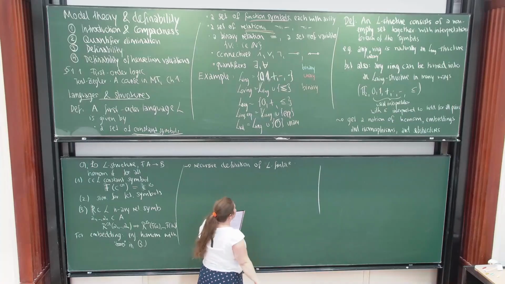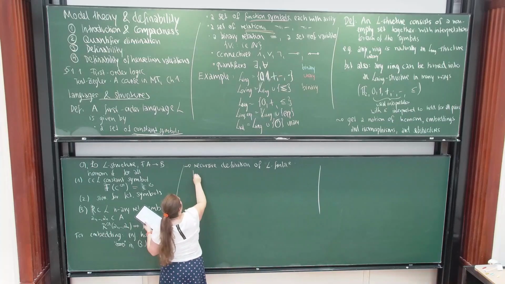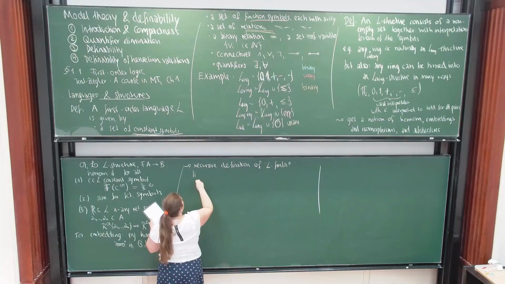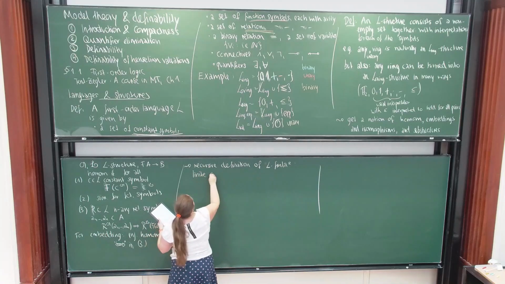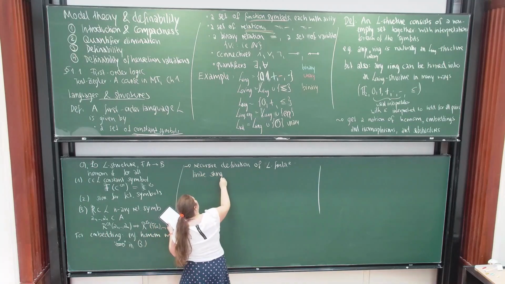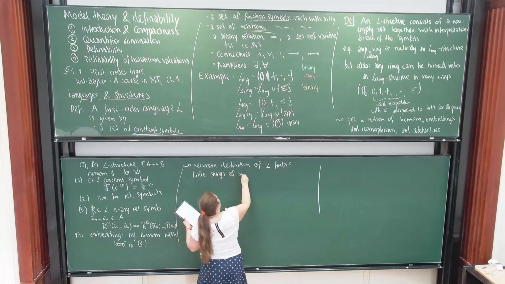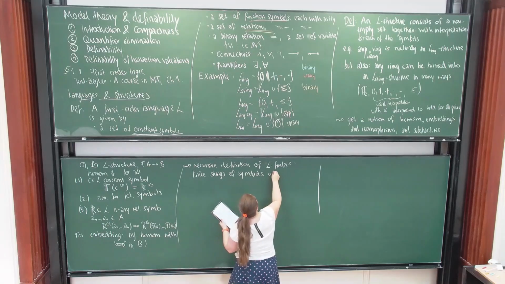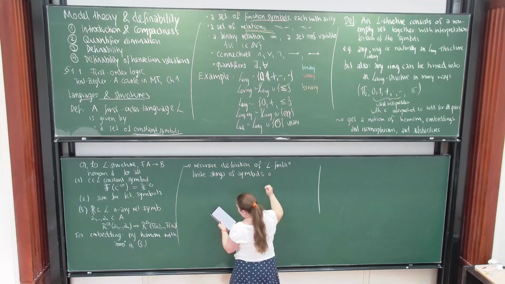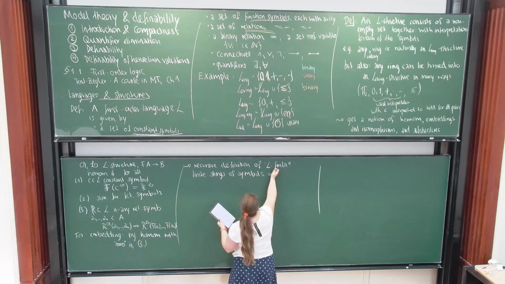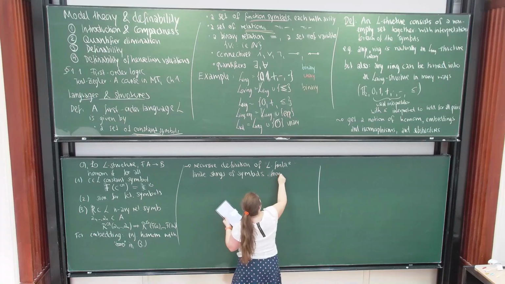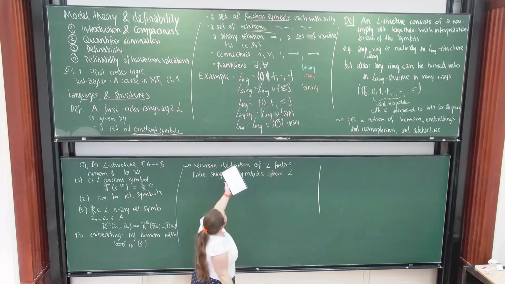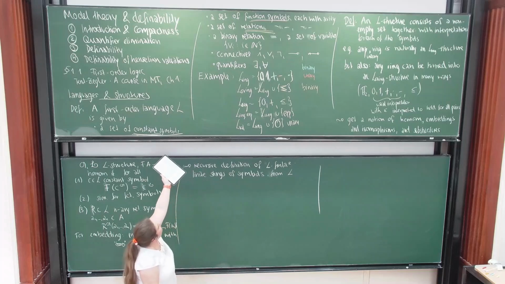The crucial thing about formulae, they're in a given language L, and they're finite strings of symbols from L, so they're allowed to use all these function symbols, relation symbols.